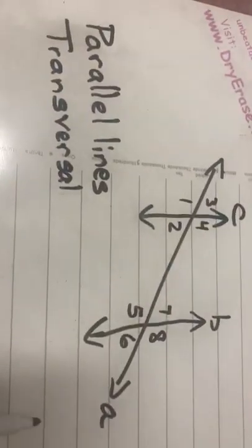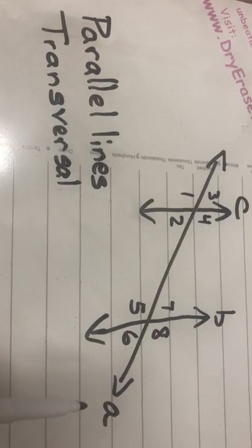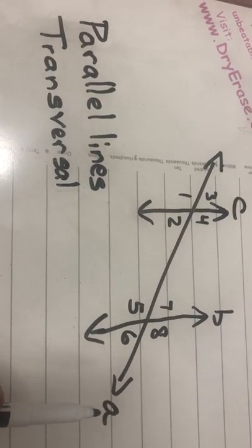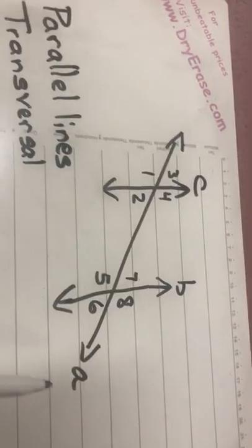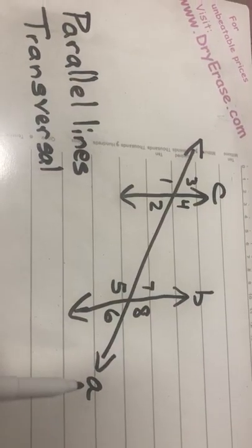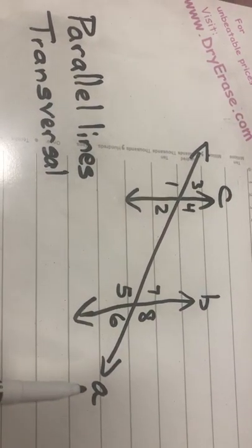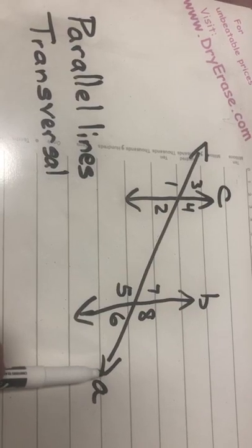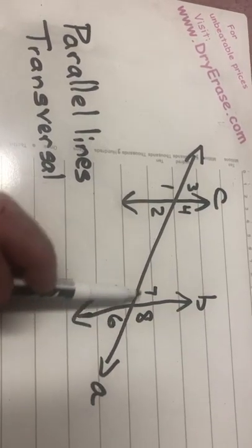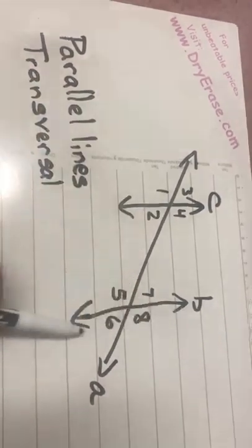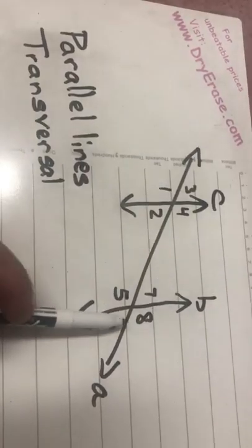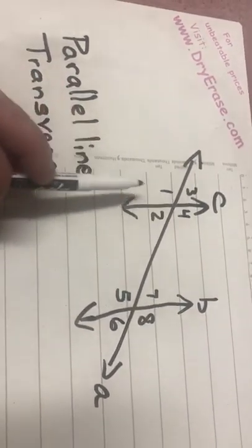A transversal is a line that intersects two or more lines. So if I'm looking at this figure here, I should be able to recognize that the transversal is line A. That is the line that is intersecting lines B and C, and you can see as a result, angles form.